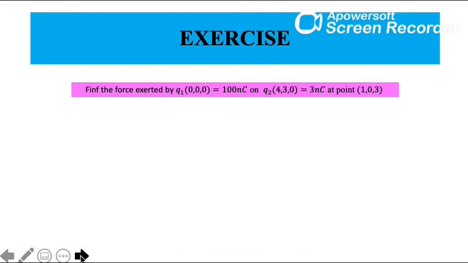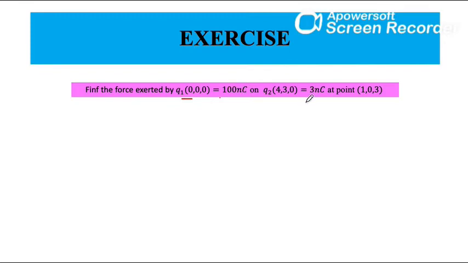Now that you have seen this example, relook at the example once more, understand all the steps in it, then try your hand at finding the force exerted by Q1, which is placed at the origin of a three-dimensional coordinate system 0 0 0 and has the value of 100 nano coulombs.